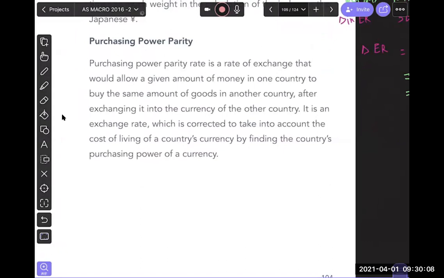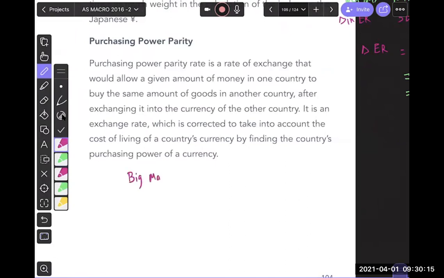A good exercise to look at is the Big Mac index. If you look at the price of Big Macs, let's say in Pakistan versus in US versus in Japan versus in, for example, South Africa, you find out how much the Big Mac costs.